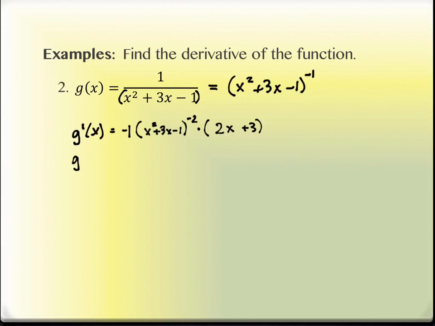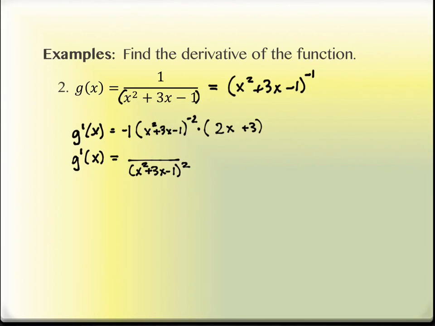Well, when I started this problem, I introduced taking everything that was in the denominator and moving it up with a negative exponent, right? So I'm going to undo that, and I'm going to put it right back down where it was. So in other words, that will become the new denominator, and it will have a power of 2. So it will still have the parentheses in it because I have a power of 2 on the whole thing.